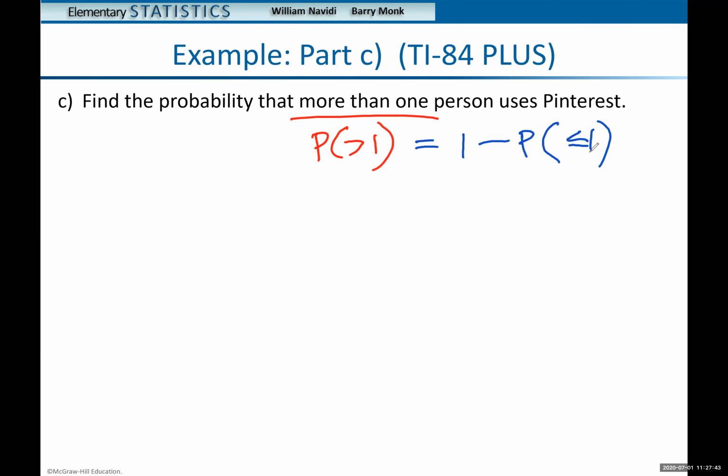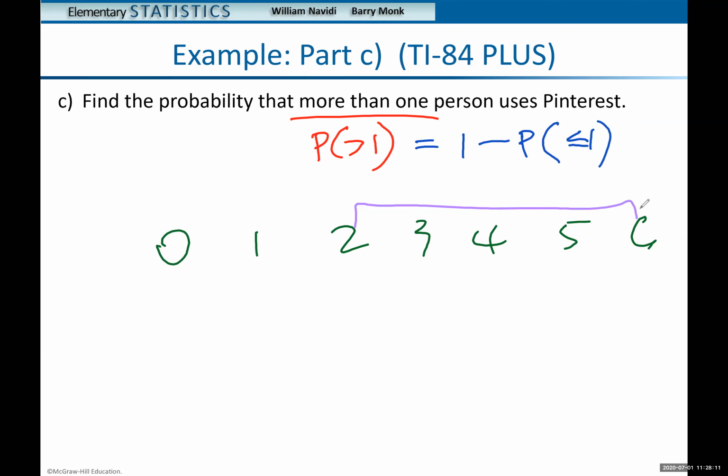So less than or equal to 1, that is 0 and 1. Again, just to show you, say 0, 1, 2, 3, 4, 5, 6, for example. Greater than 1, what are those numbers? 2, 3, 4, 5, and 6. So that's why when you get a complement, it's going to be 0 and 1. And 0 and 1, those are less than or equal to 1, right?